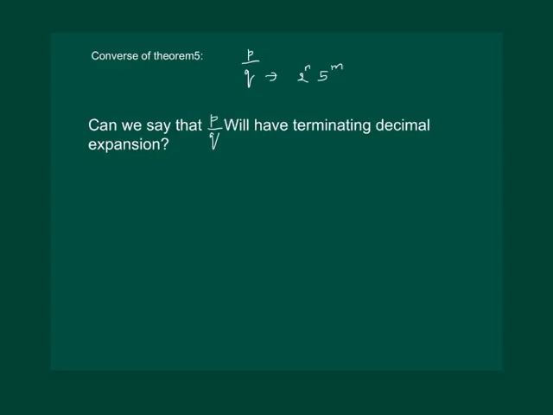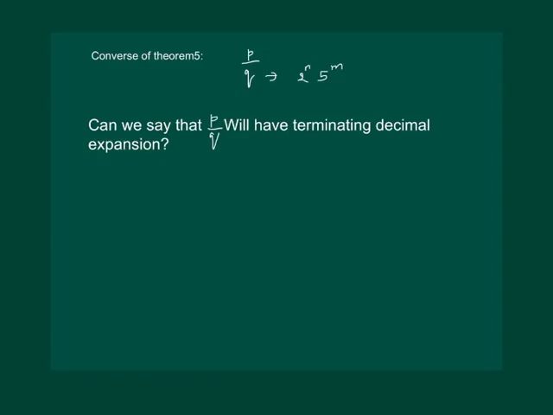Now the obvious question arises: if we have a rational number of the form p by q, where q is of the form 2 power n 5 power m, can we say that p by q will have a terminating decimal expansion?